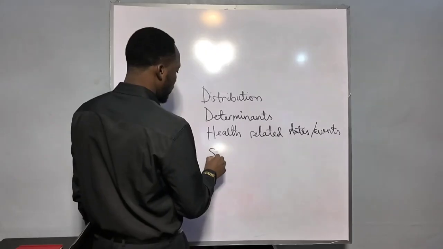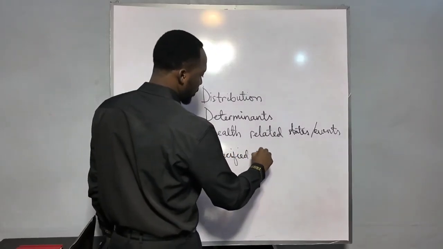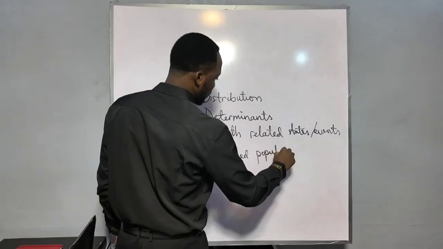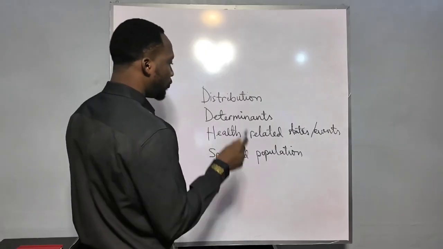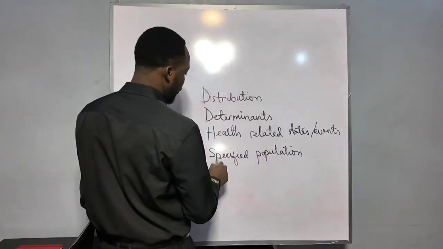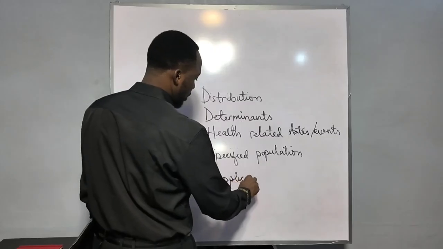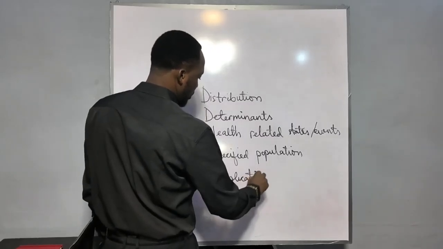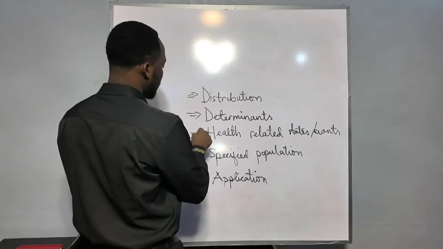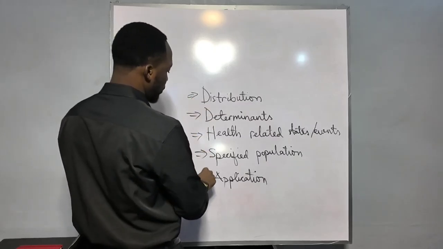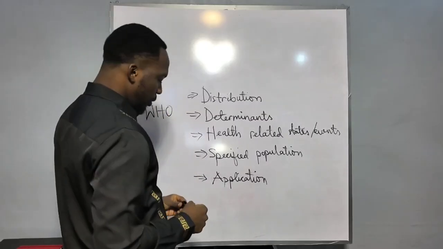As we mentioned, that being in a specified population. And the application of this study to solve health problems. So we have application to solve health problems. So these are the keywords that can be found in the WHO definition of epidemiology. Now, what do they mean?